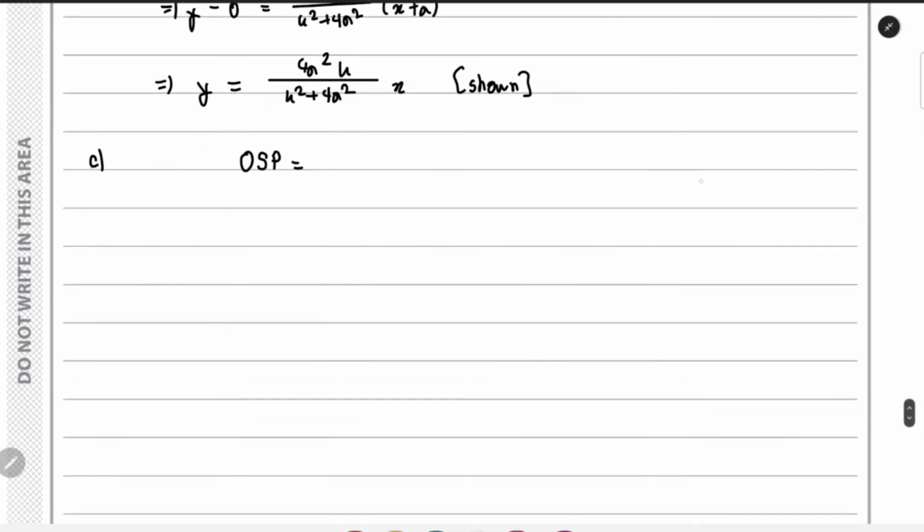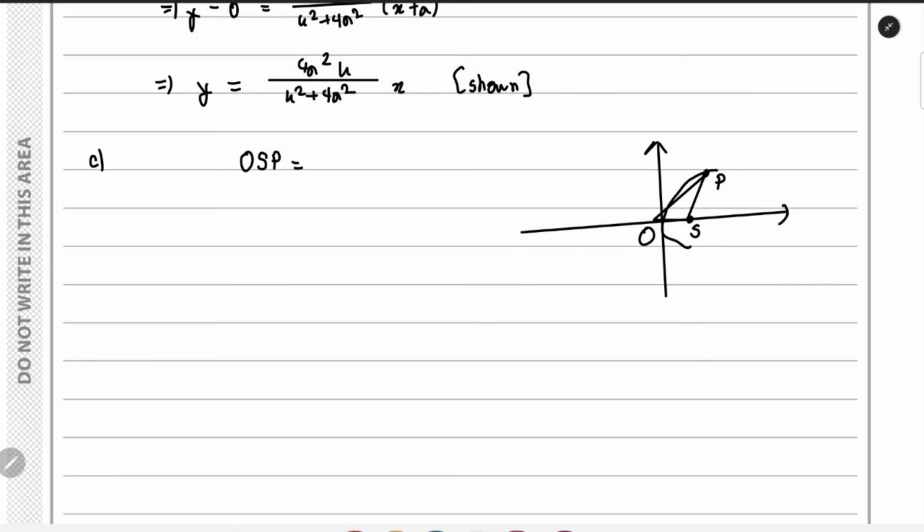So for a parabola like this, this is the origin, S is over here and P is over here, this triangle.